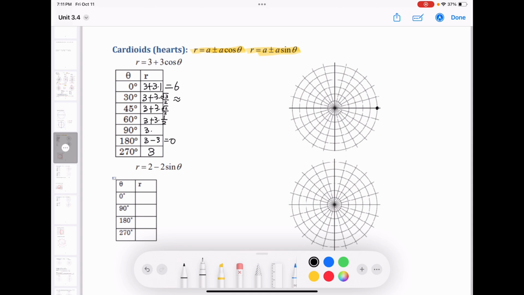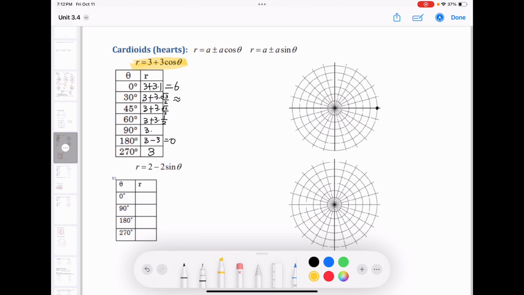If I don't want to use the table, that's time consuming. On your exam, I also won't let you use the calculator to graph. If I have the equation, how do I graph it? First, I go back and check my equation: r equals 3 plus 3 times cosine theta.